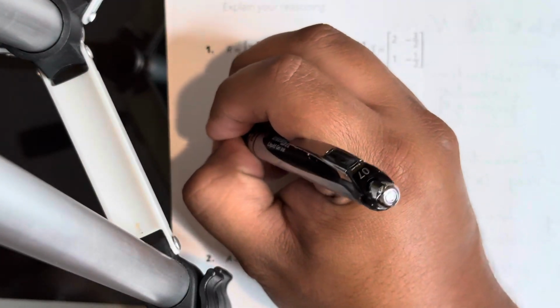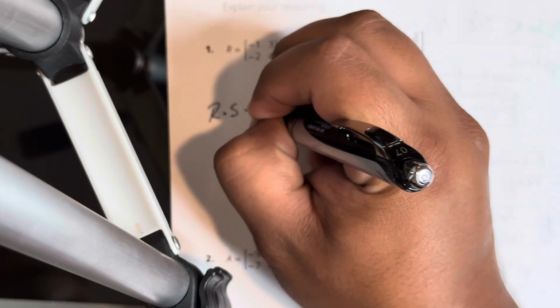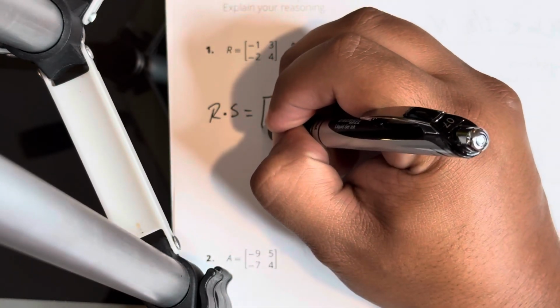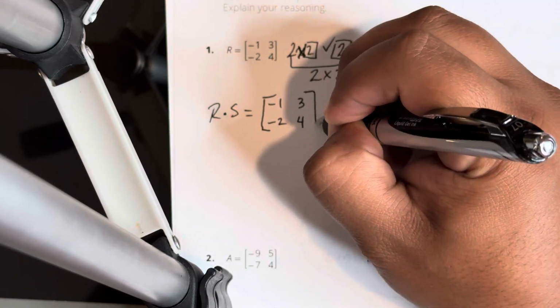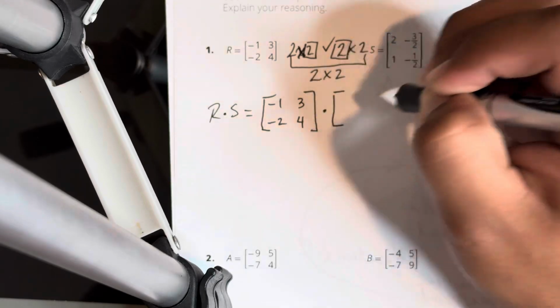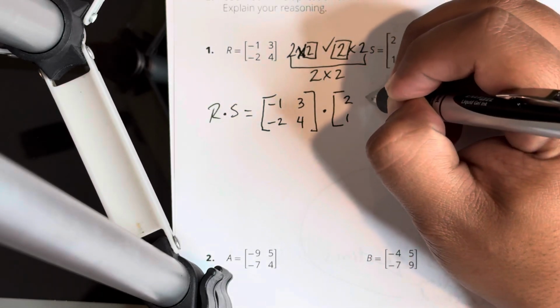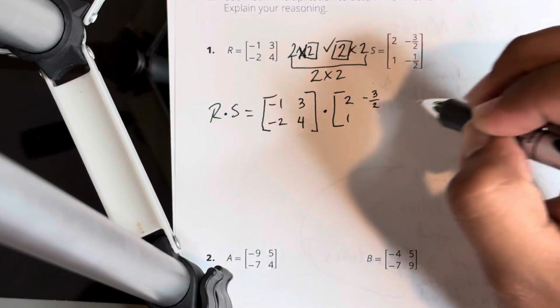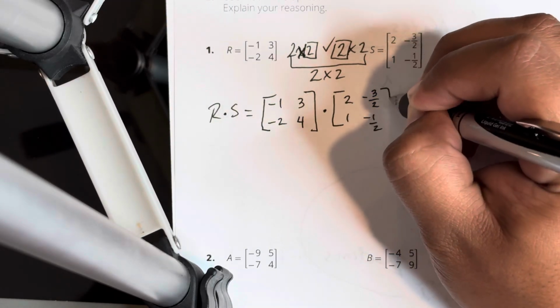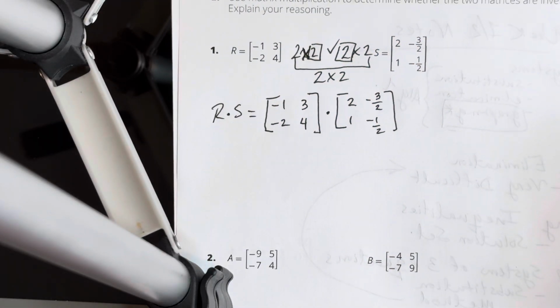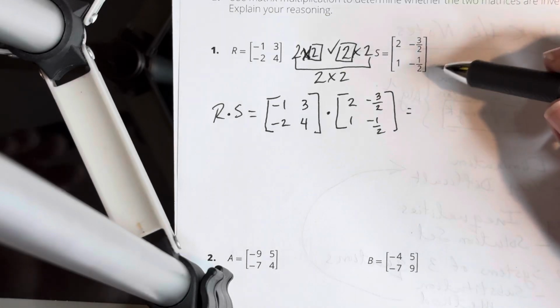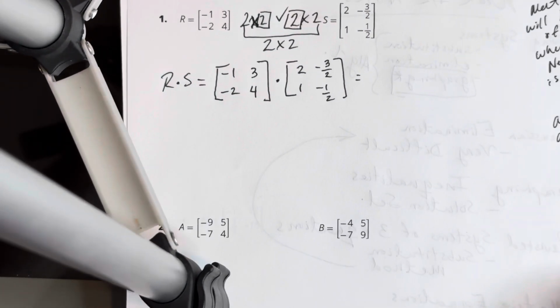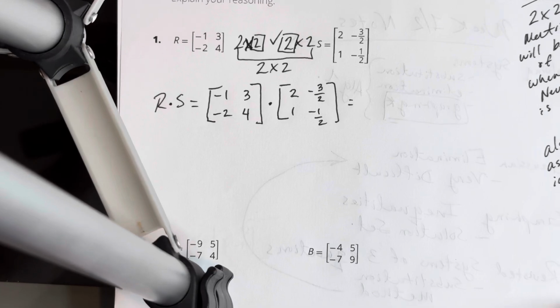So we're gonna multiply R times S, which is the matrix R, -1, -2, 3, 4, times 2, 1, -3 over 2, -1 over 2. I do not mind doing the extra step of writing out what column and what row are multiplying times each other.